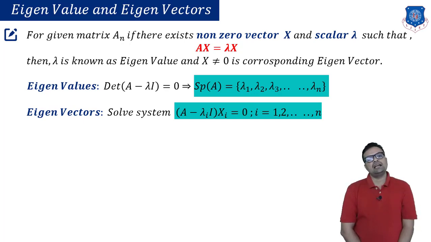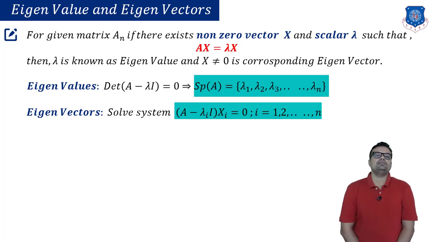At this junction, I want to tell you one thing. The number of times an eigenvalue is repeated in the spectrum of A is known as the algebraic multiplicity of the eigenvalue, and the number of vectors involved in the eigenvectors of the eigenvalue is known as the geometric multiplicity of the eigenvalue.